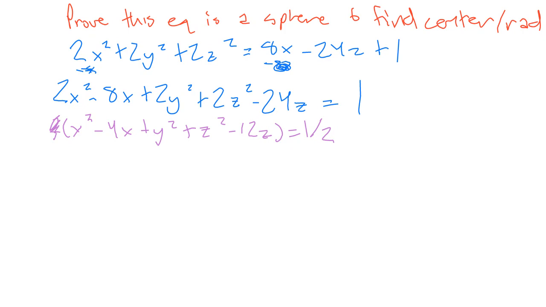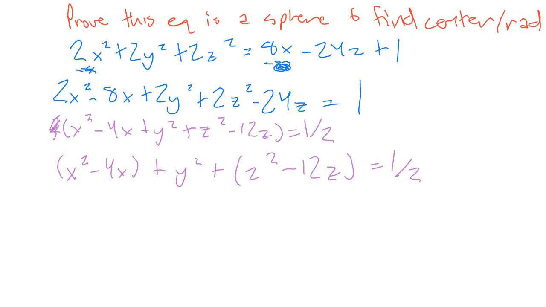So now we're getting a lot closer. Now we can look at our individual pieces to finish this sphere equation. Let's combine our x's, our y's, and our z's. So now we're getting really close. Our y is fine, we don't have to worry about it. It's just our x and our z.